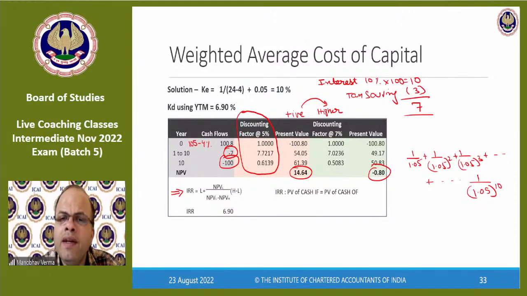So I've given a calculation for 5% and 7%. I hope all okay, guys. I'm sure you guys are with me on this. In fact, let me do one thing.